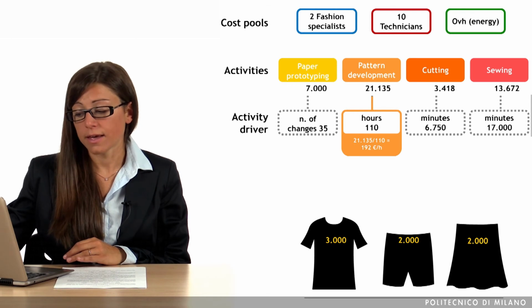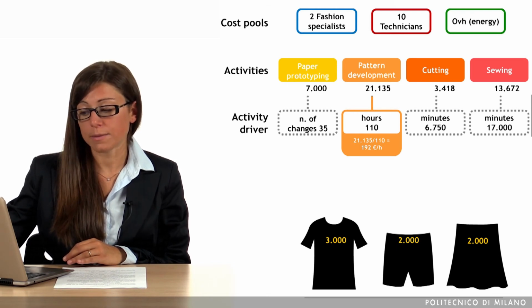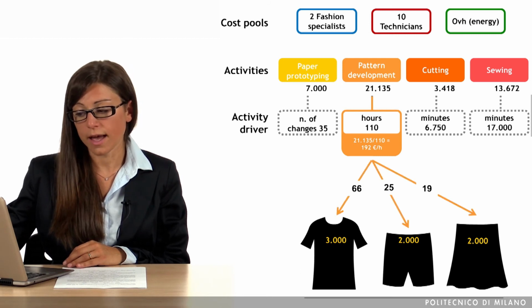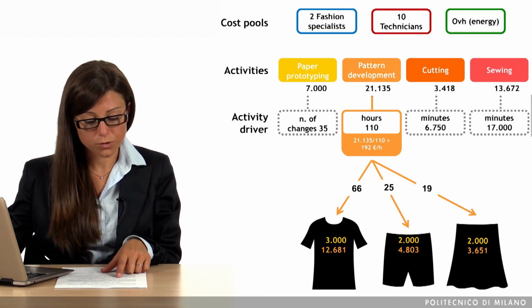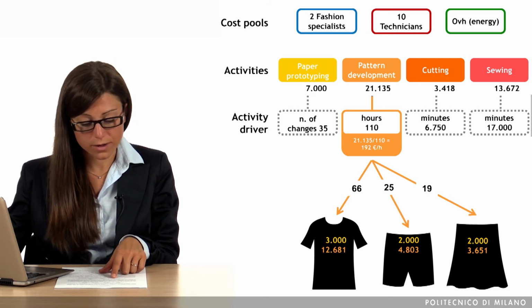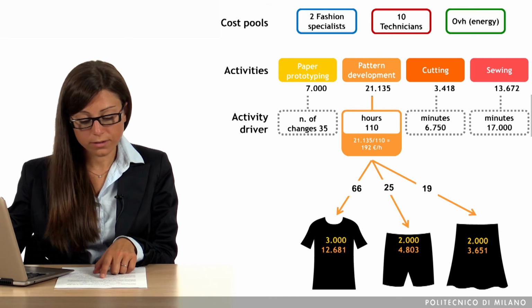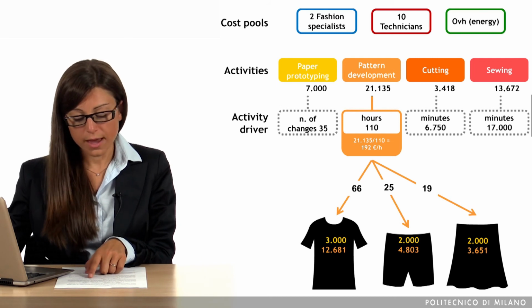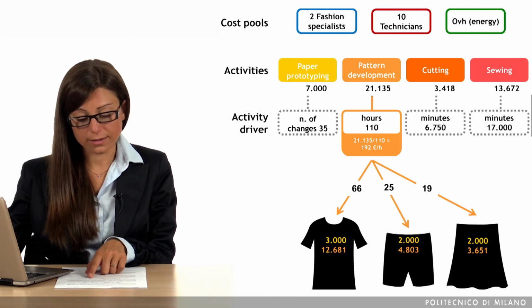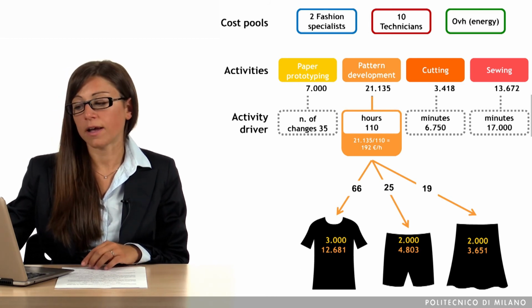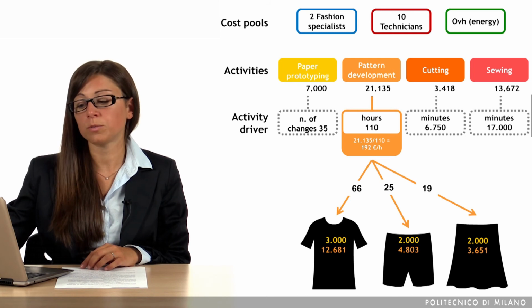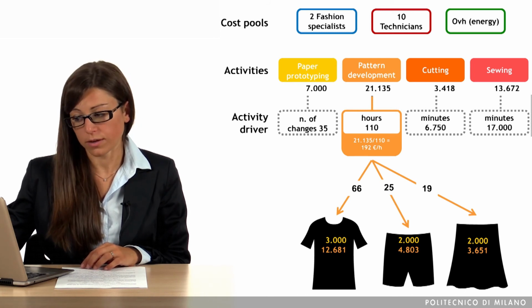Once we have this K, again, you need to multiply the K by the number of hours that you need in order to realize t-shirts, shorts, and then skirts. This data is provided in table number 2, so we can see that we need 66 hours to realize the t-shirts, we need 25 hours to realize the shorts, and then we need 19 hours in order to realize the skirts. And then we can find the portion of the pattern development which is assigned to our 3 products.